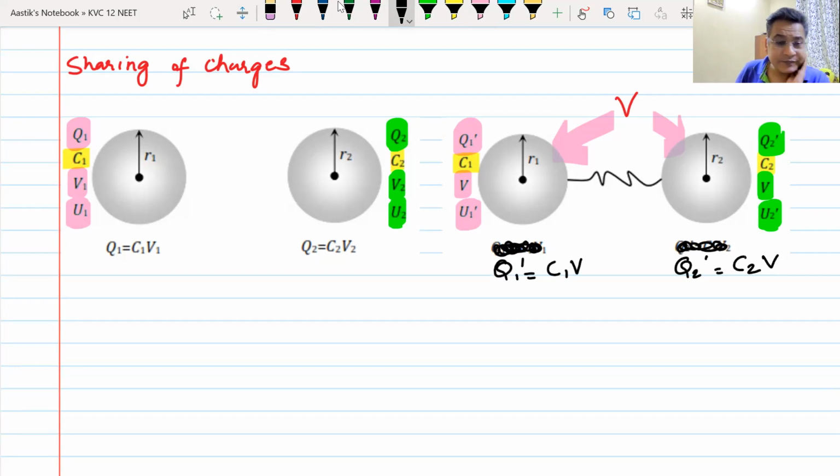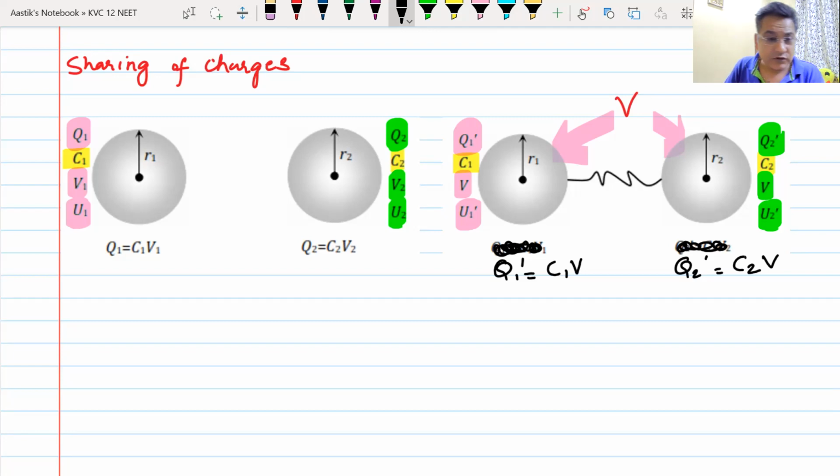So basically, values have changed, charges have changed, potentials have changed. What they will ask you is the final charge on each capacitor and the final voltage. So these are the two things you have to remember. The first is that the total charge remains constant.